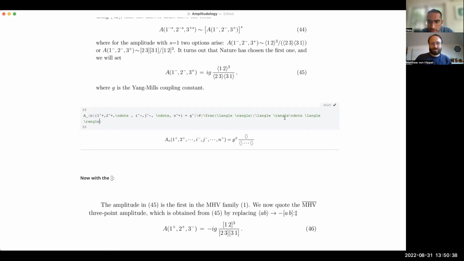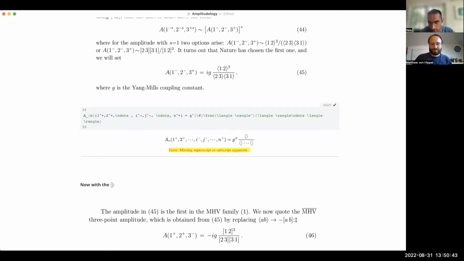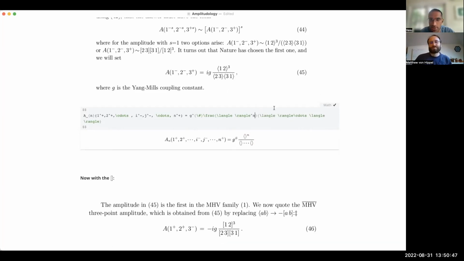Right. So here we have an angle, our angle to the power n, divided by the dot product of all the subsequent ones. Is that right? So we're going to have something like ij, and then we're going to have 1, 2.